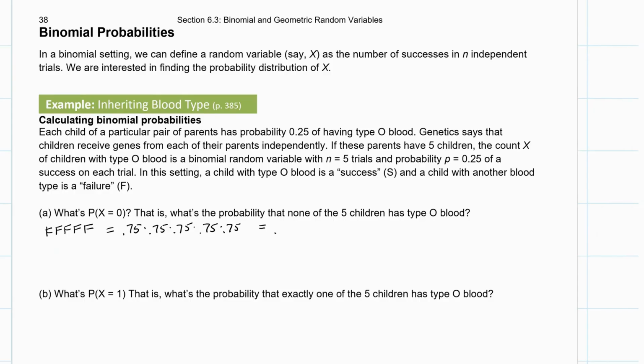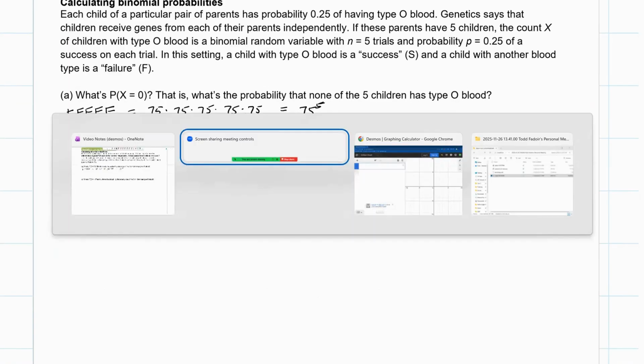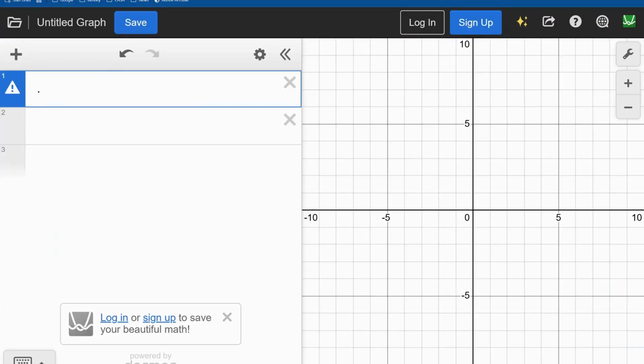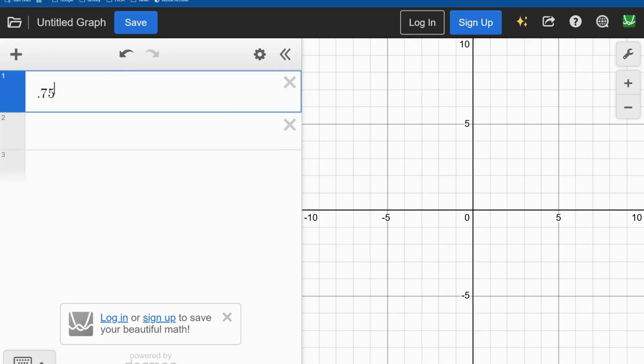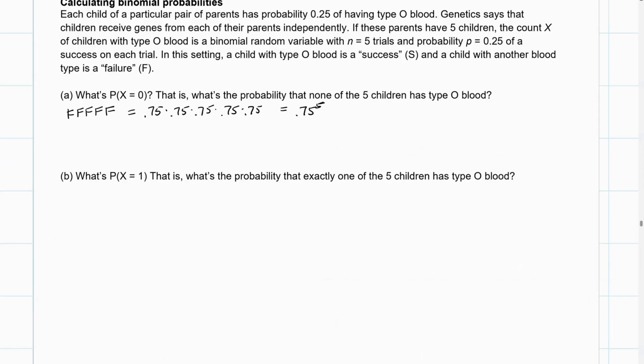So we could say that this probability is 0.75 to the fifth power. Well, let's go ahead and go to Desmos and let's calculate 0.75 to the fifth power, and that's about 23.7%.